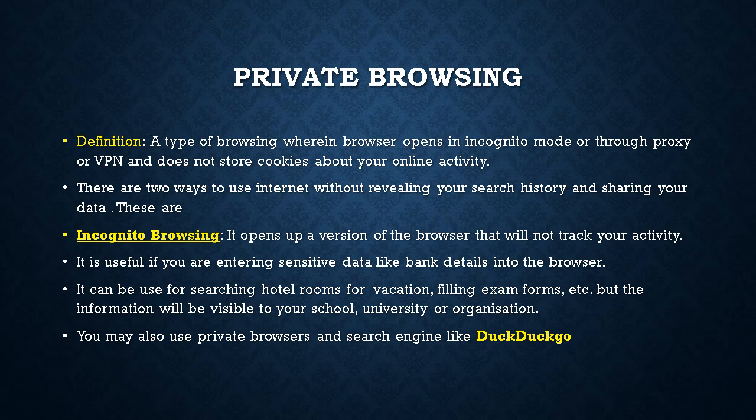It can be used for searching hotel rooms, for vacation, filling exam forms, but the information will be visible to your school, university or organization. Now when this private browsing is useful, it is useful when you're searching for hotel rooms for vacation. Suppose you want to surprise your family for vacation. There won't be any information regarding your browsing history about your hotel rooms or filling exam forms.